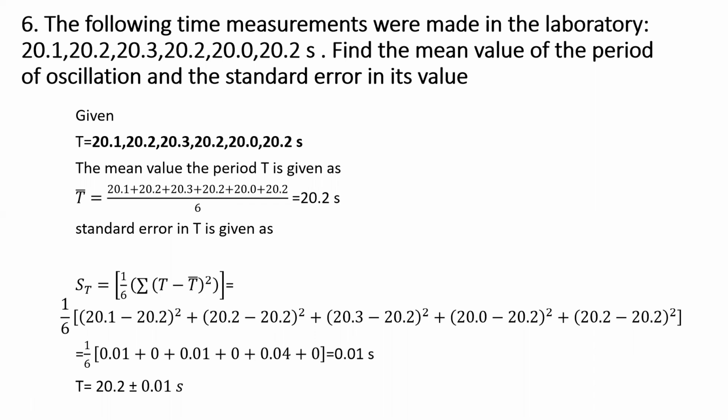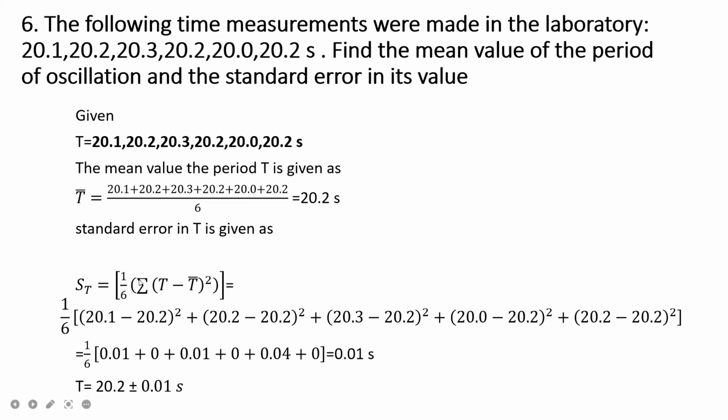Here we have 20.1 plus 20.2 plus 20.3 plus 20.2 plus 20.0 plus 20.2 divided by 6. When you add up and divide by 6, the mean value will be 20.2 seconds.